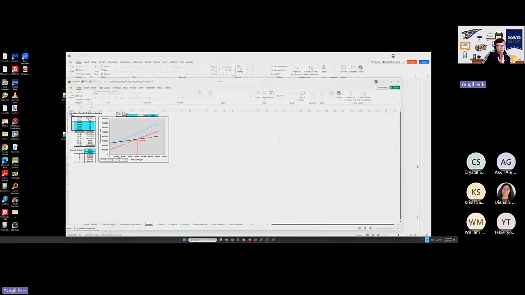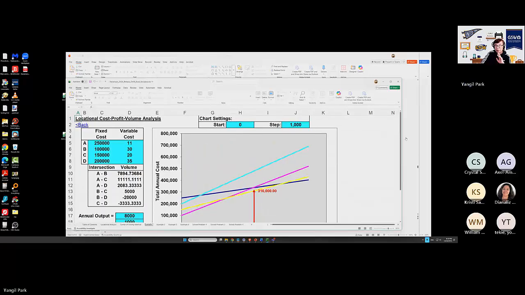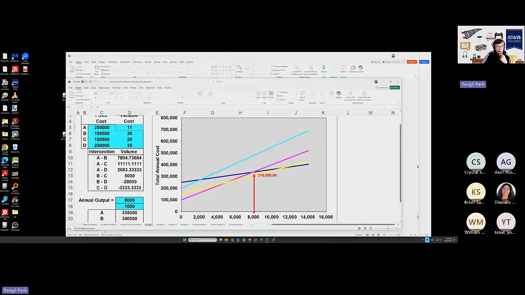And maybe a little different, but the point is, all you do is just, let me maximize it a little bit bigger. So using this template, you can enter those fixed costs for A, B, C, D, and variable cost. Then you'll calculate the intersection between those locations, so that we can find the midpoint for each location.